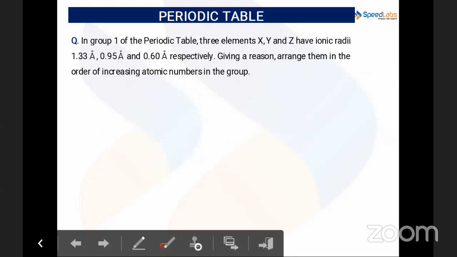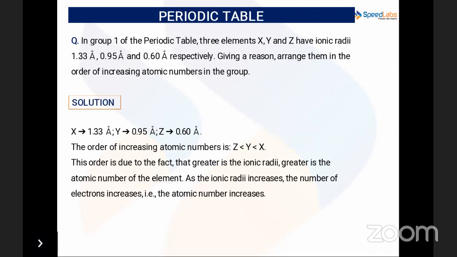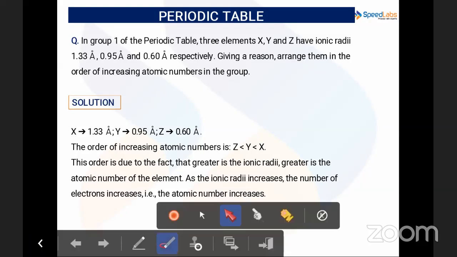Now we have already seen the periodic table, and you know that the ionic radii value increases in order of Z is less than Y is less than X. So X, with 1.33, will have the highest ionic radii in the group, which decreases from left to right.